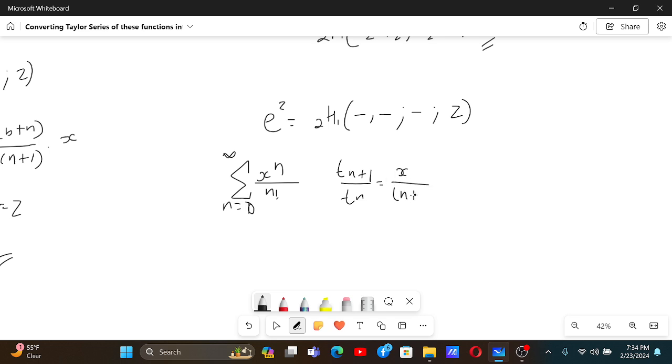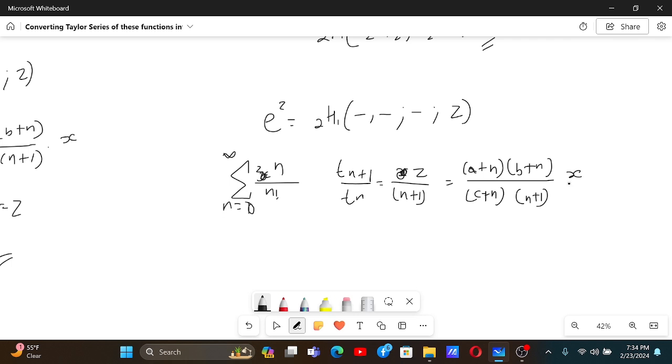Now this should be equal to a plus n, b plus n by c plus n, plus 1, by, okay, so I should have written here z to the power n and then z to the power n by x.